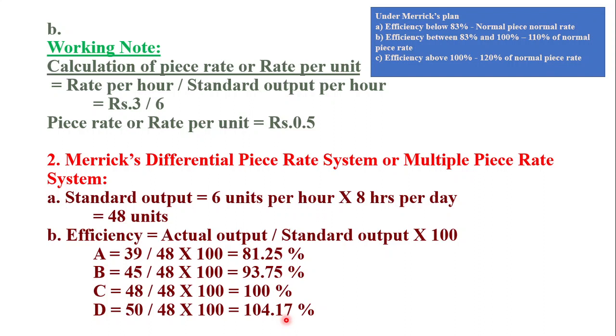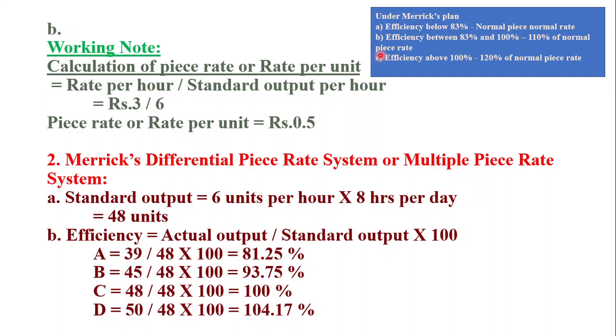Now after calculating the efficiency, we have to calculate the new piece rate based on the efficiency of the workers. Now see, A's efficiency is 81.25, which is less than 83%, so normal piece rate. Then B's efficiency lies between 83 to 100%, so 110% of normal piece rate.